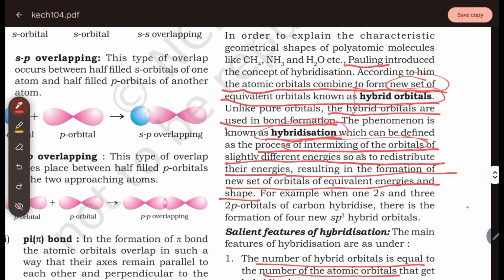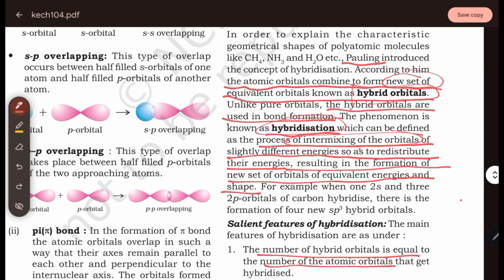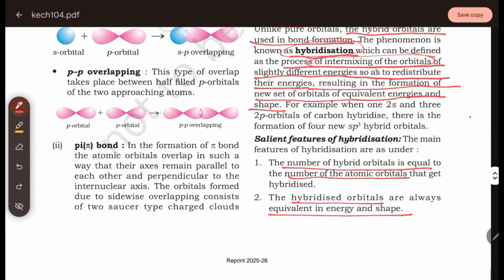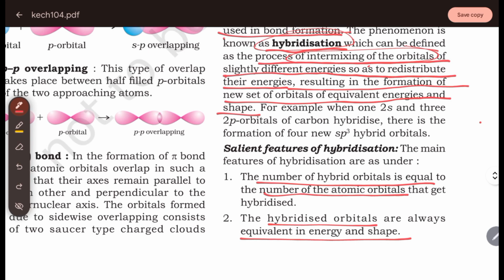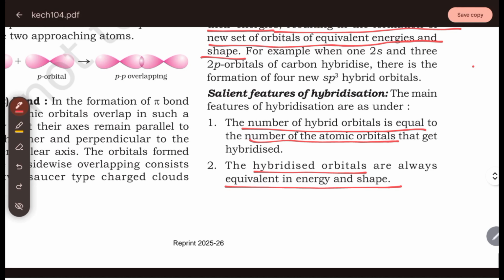For example, we say one s and one p orbital can intermix to give rise to two hybrid orbitals, which is sp. One s and two p orbitals can intermix to give rise to sp2. Likewise, what are the salient features of hybridization?